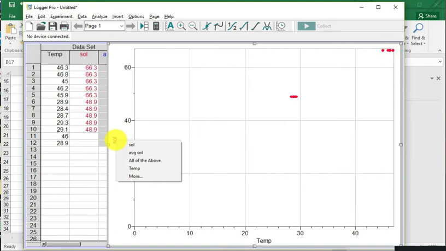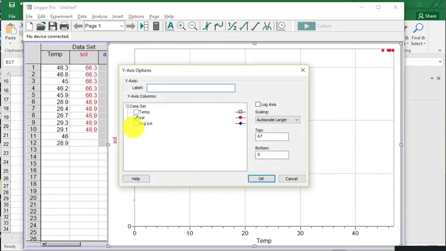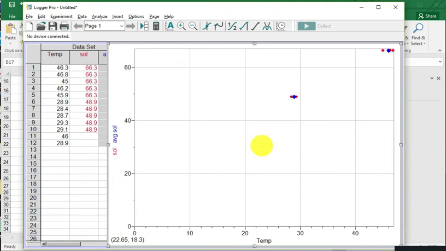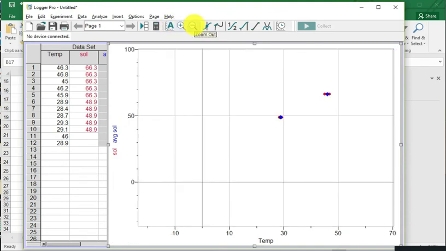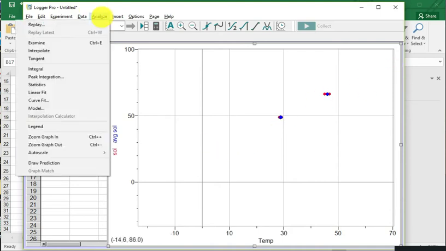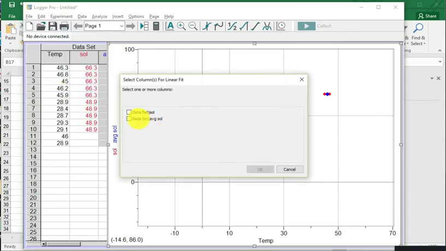That's because if I have to click on this and hit more, and I can say I want to show both the solubility and the average solubility. And maybe I want to make this a little smaller so I can see. I need to put a trend line on here, so I'm going to do Analyze, Linear Fit.